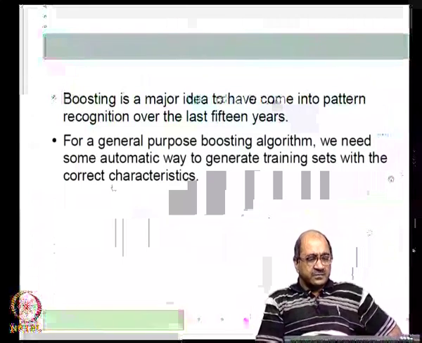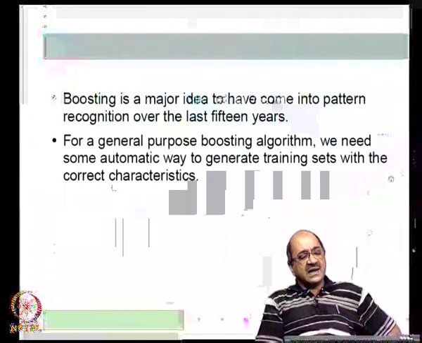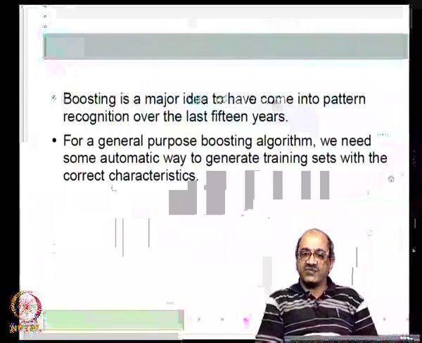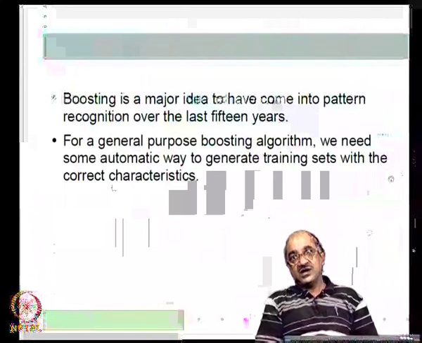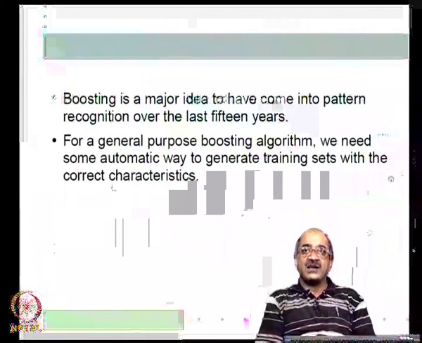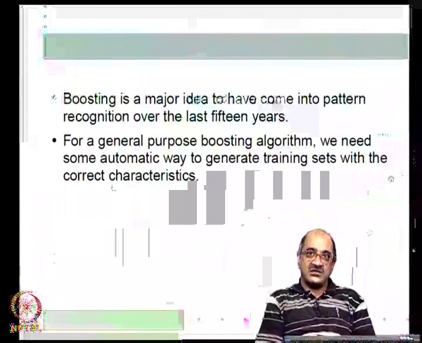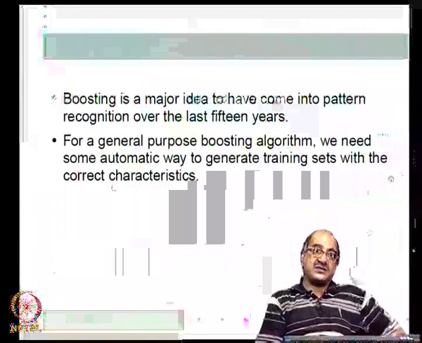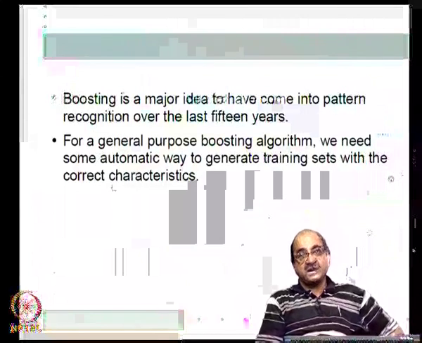technique. For a general purpose boosting algorithm, we need some automatic way of generating training sets. This is what I call more informative training sets. See, in that method I do not know how much n1 to choose. If I have to choose D2 only from the remaining n minus n1 samples, I may not have sufficient samples, and after that I may not have any more samples left for training more.